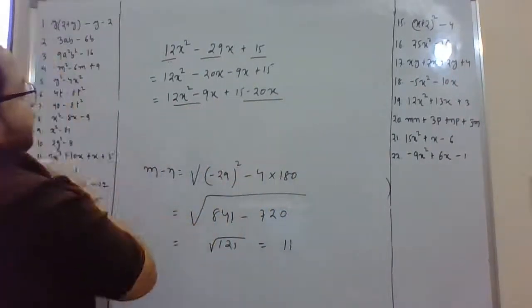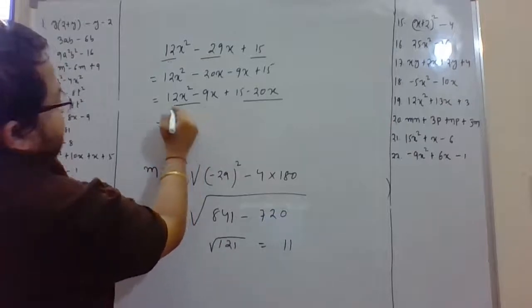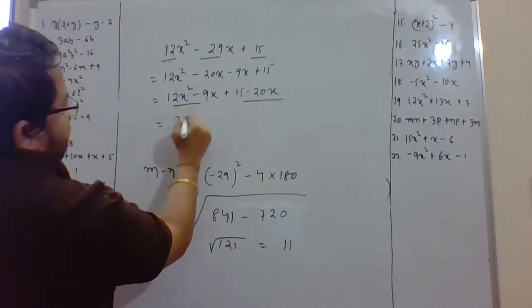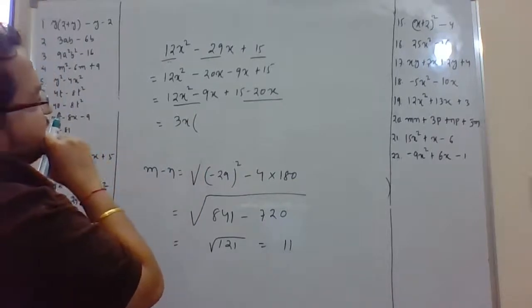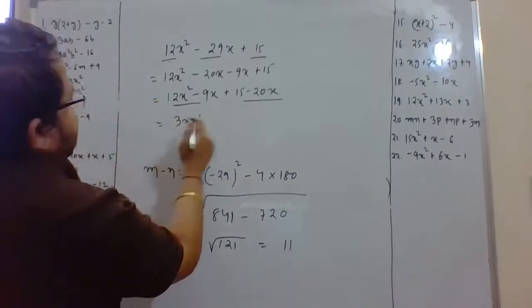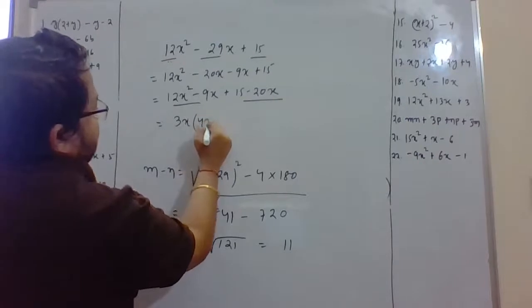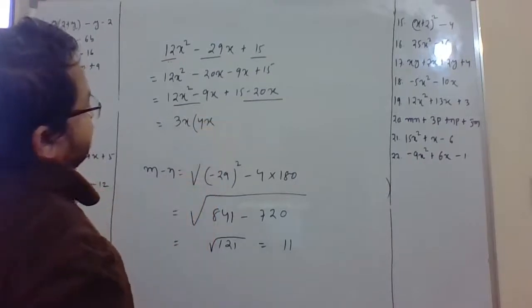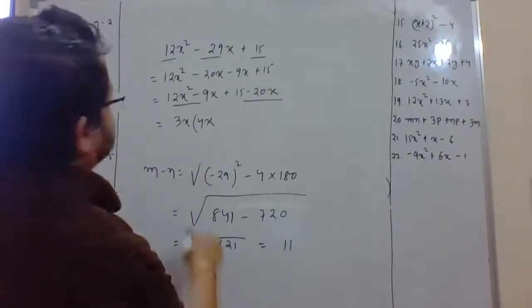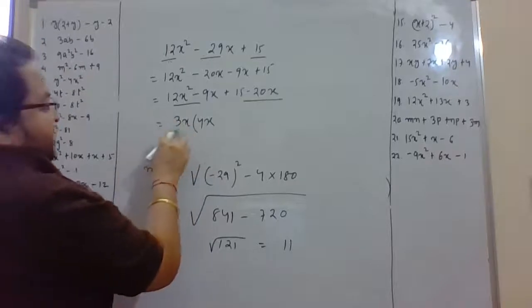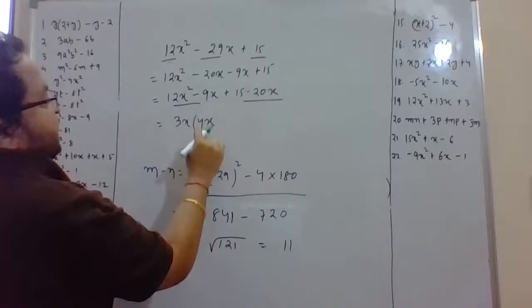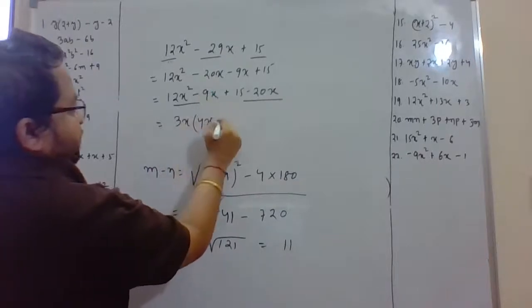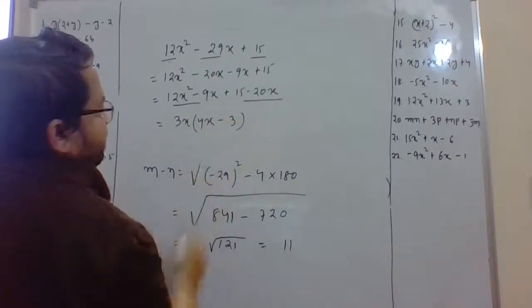So here the common factor would be 3x. So if I take 3x as the common factor, then I'm getting 4x here, and here I'm getting minus 3.